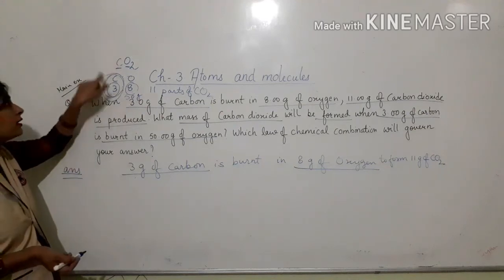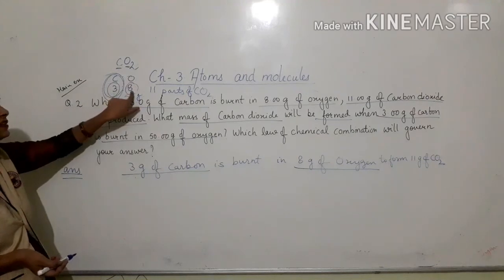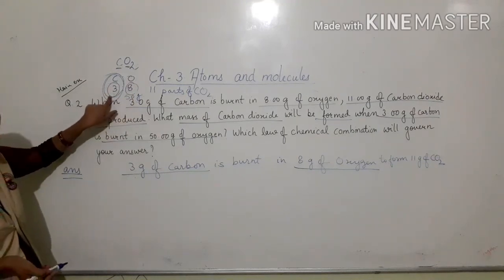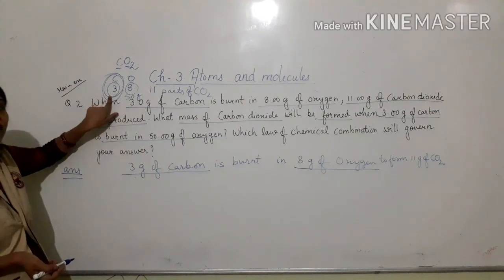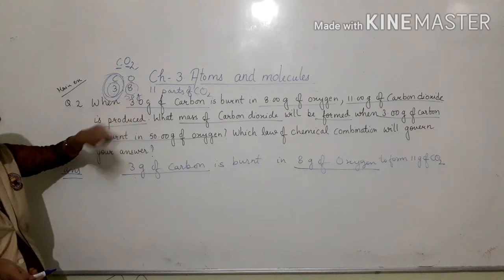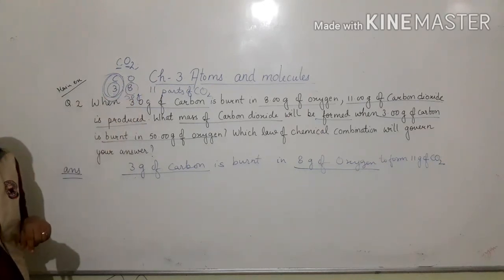So in carbon dioxide, carbon and oxygen are always present in definite proportion, that is 3 is to 8 by mass. It means 3 grams of carbon always react or combine with or burn in 8 grams of oxygen to form 11 grams of carbon dioxide.